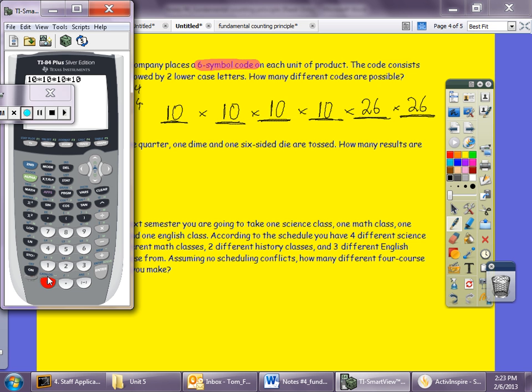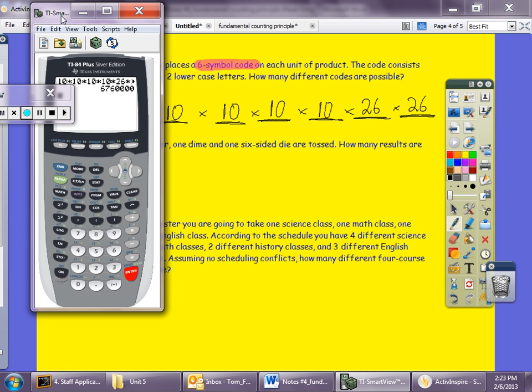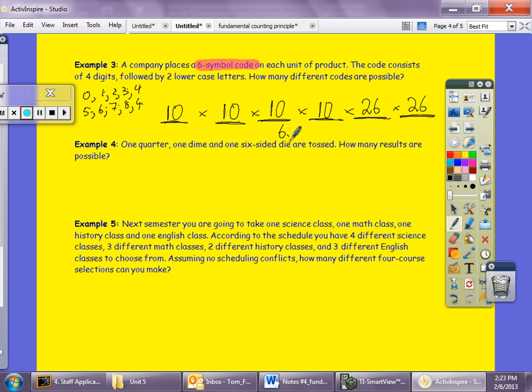We go to 10 to the 4th power times 26 times 26, and it gives us 6,760,000. So we have 6,760,000 different combinations for codes. So they can have 6,760,000 different products.